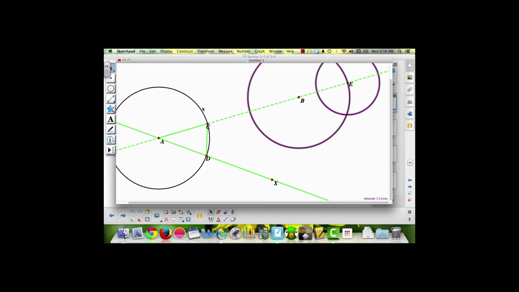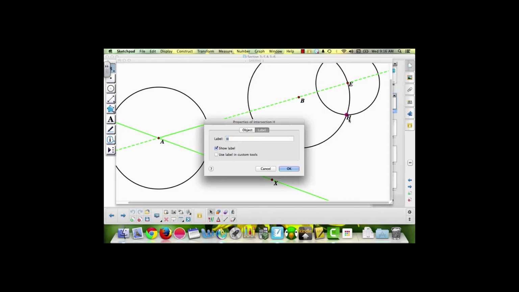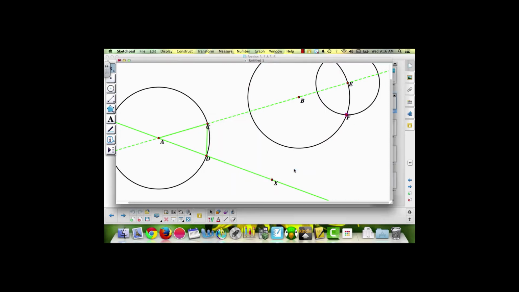Now I'm going to construct the intersection point of these two circles and name that F. Finally, I'm going to draw a line through points B and F.